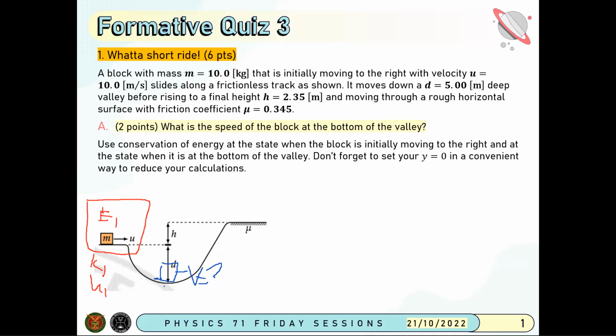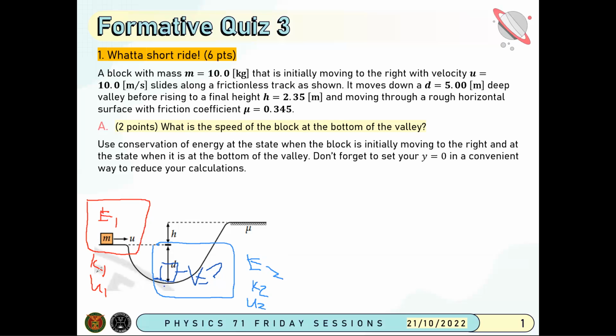And then the final state would be the one at the bottom of the valley, which is now this. Here you define the E2, K2, and U2.